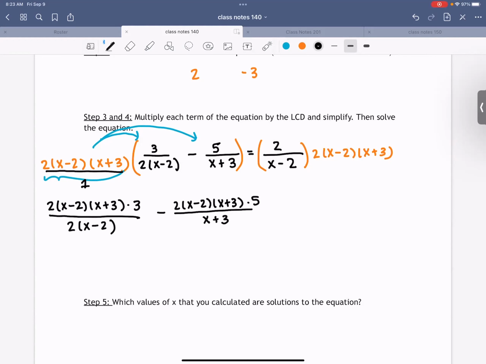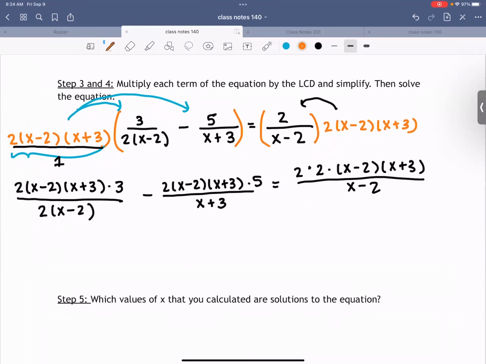So all I did was take that LCD and multiply it to both of the terms being subtracted. Okay. Now on the right-hand side, there's no subtraction or addition. So I'm going to take the LCD and just multiply it by the term on the right. 2 times x minus 2 times x plus 3 times 2 over x minus 2. And I know it's a lot of writing, but I promise you, you'll make fewer mistakes if you do this step. Okay. Now what we can do is look at what we just wrote here.